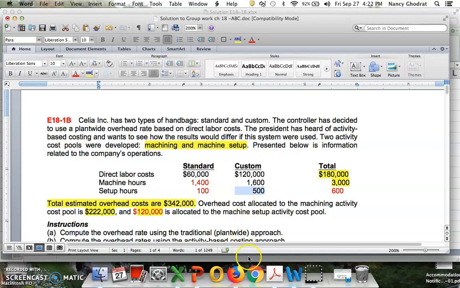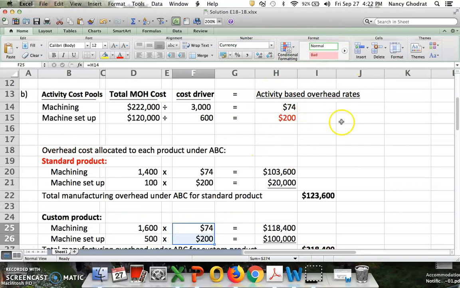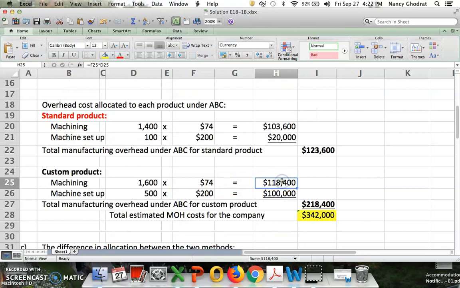We take those and multiply them by the same activity-based overhead rates that we arrived at here. Once we do the multiplication and add the result for both activity pools, we realize that out of the 342,000, 218,400 of total manufacturing overhead should go to custom product under the ABC approach.